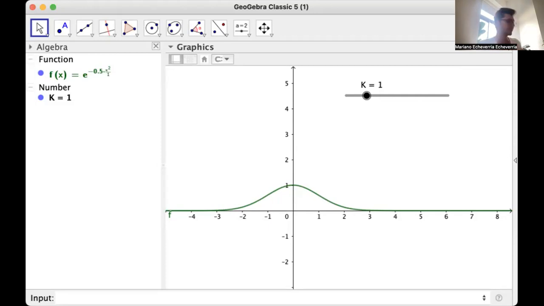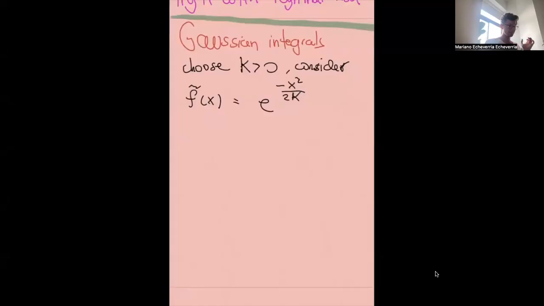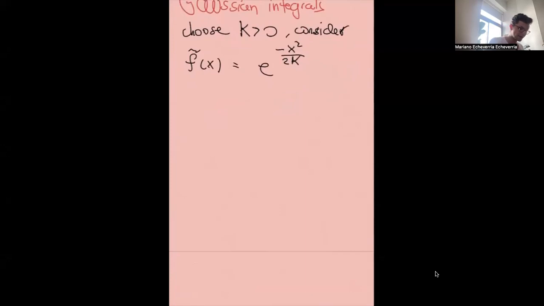Okay, so the first one is that this is a non-negative function. As you saw, it decays quickly as x goes to infinity. You're squaring the x, so on both ends it's going to decay regardless of the value for k. And it being the reciprocal of an exponential, there's no question that the improper integral will converge.